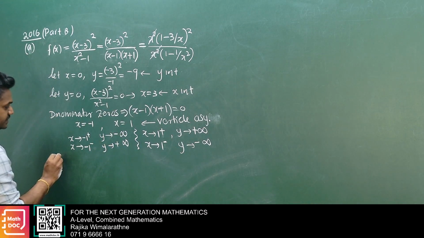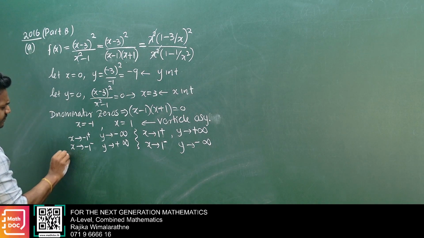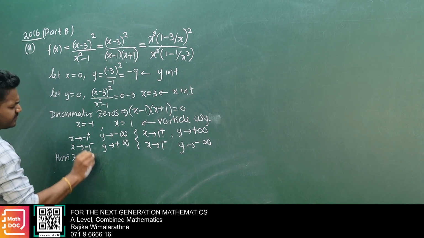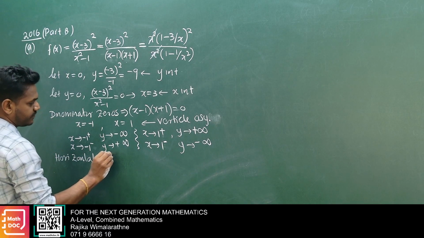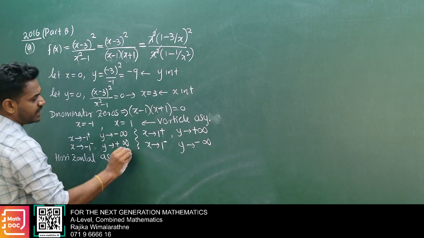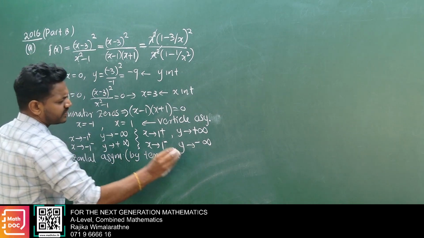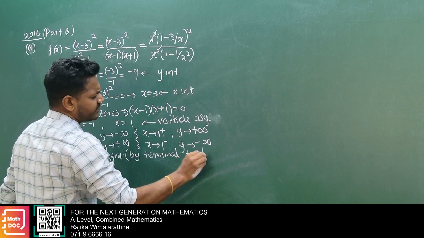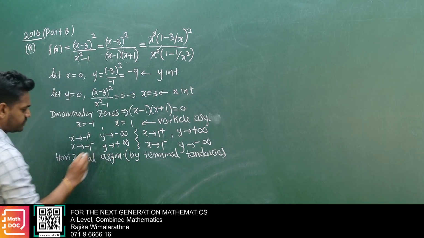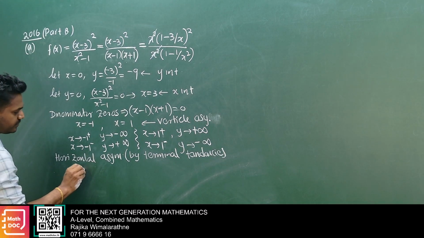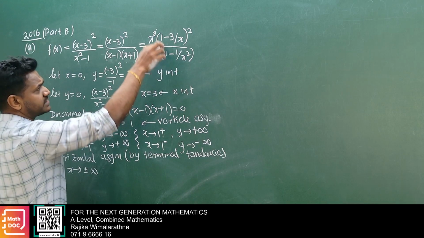Then you consider this format for the horizontal asymptote, the terminal tendencies. As x goes to plus or minus infinity, both cases the terms go to 0, and we get the answer 1.